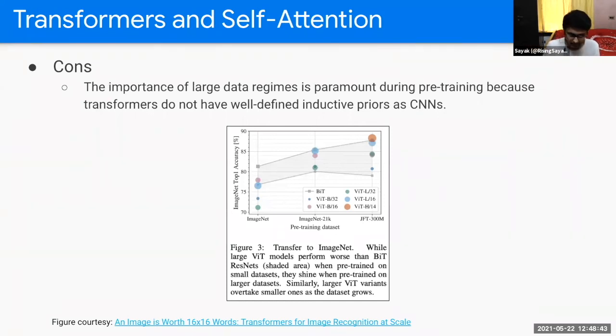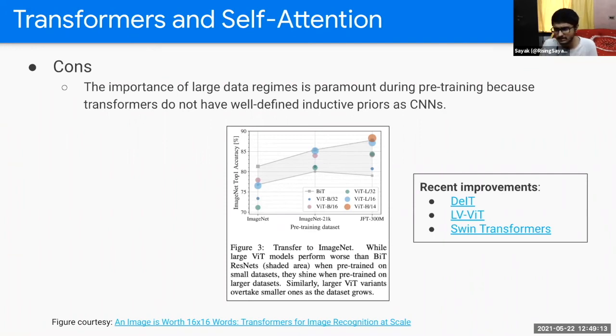Inductive prior means we are enforcing our prior knowledge of the problem inside the network while designing its topology, right? Convolutions are great at exploiting locality, and that's what is needed to learn from image data, right? We know that similar looking pixels are somewhere nearby inside a particular image, and this is exactly what locality of reference means.